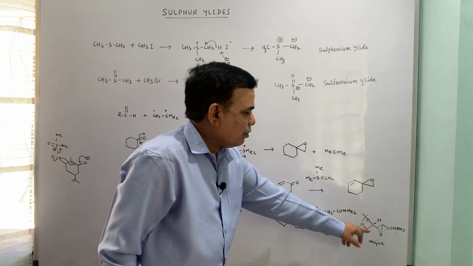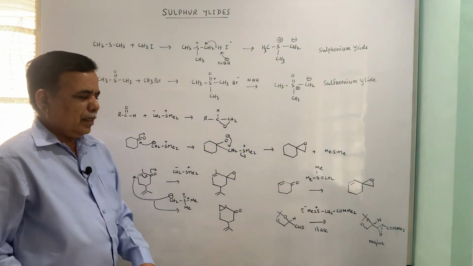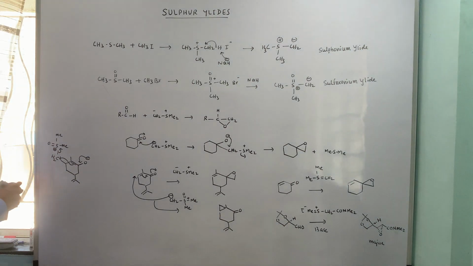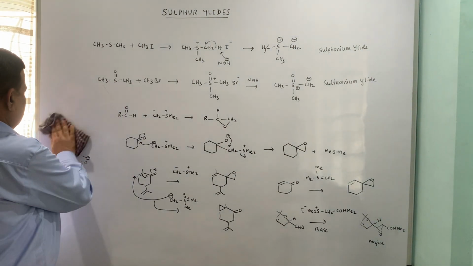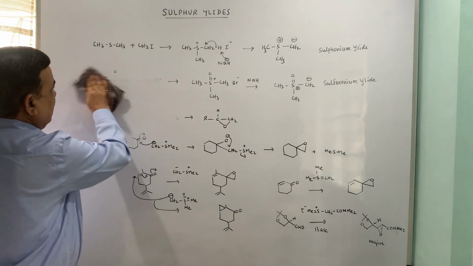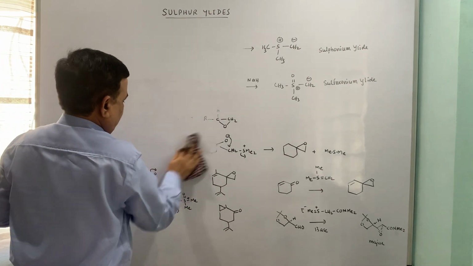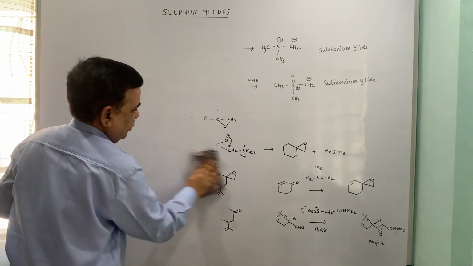Only thing is this is major, the other epoxide would be the minor epoxide. That is the only difference. We'll see some more examples on this topic. Just come to those examples quickly.